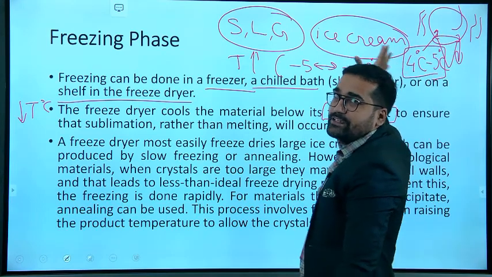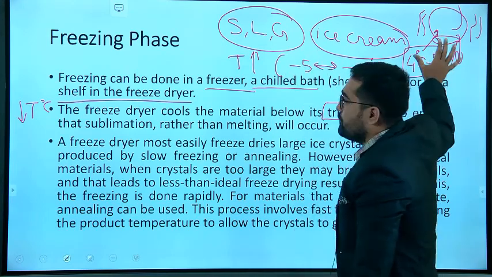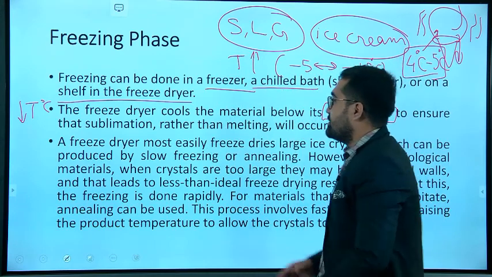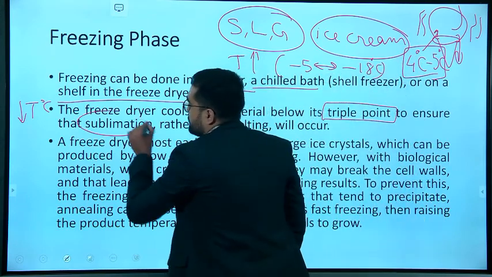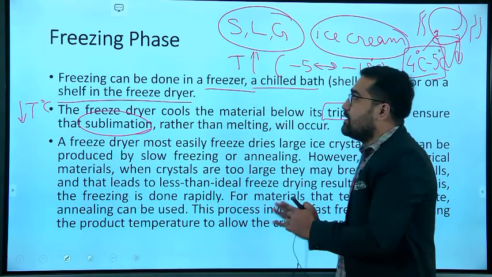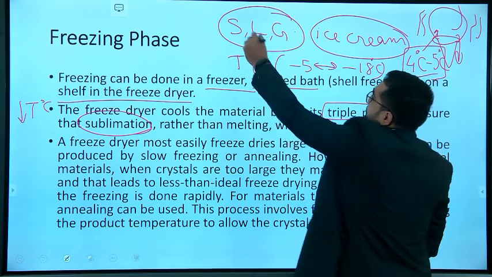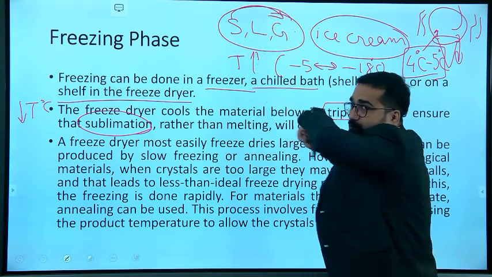In the case of ice cream, we will try to keep it below 4 to 5 degrees Celsius. Then we perform the sublimation of the product so that it won't convert into liquid and then to gas, but directly from solid to gas.